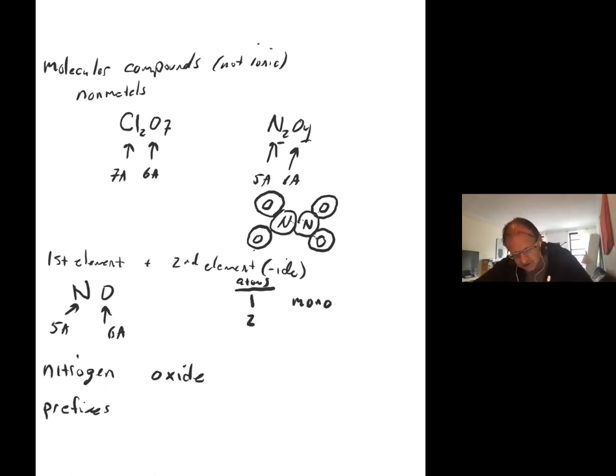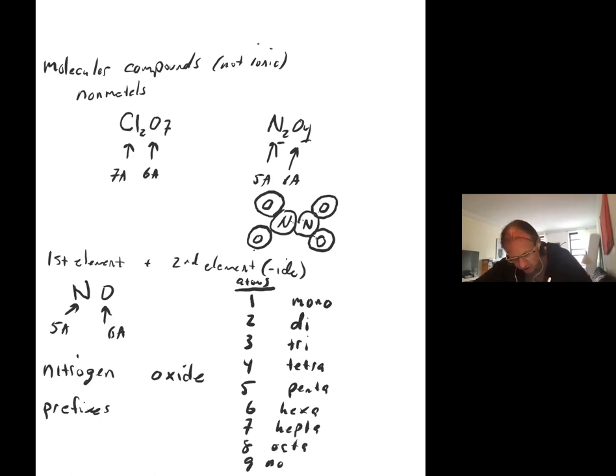If you have 2, it's di. 3 is tri. 4 is tetra. 5 is penta. 6 is hexa. 7 is hepta. 8 is octa. 9 is nona. And 10, I'll write that over here, is deca. Okay? So those are called the prefixes.